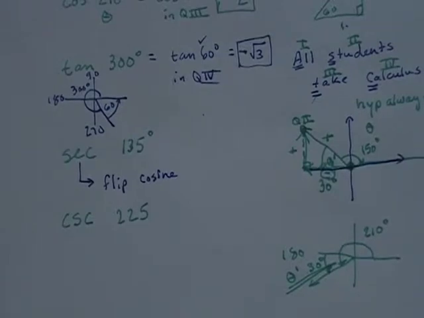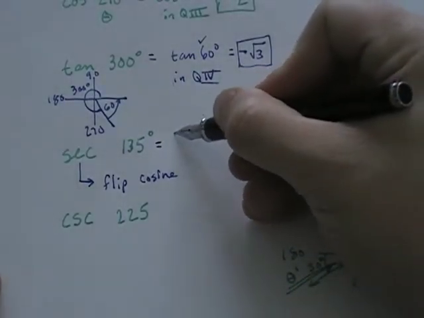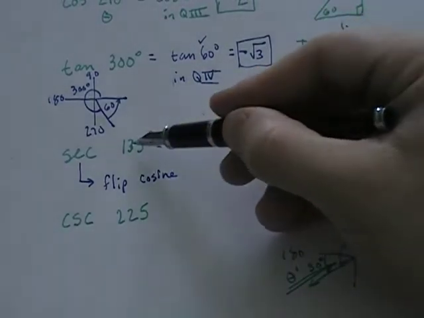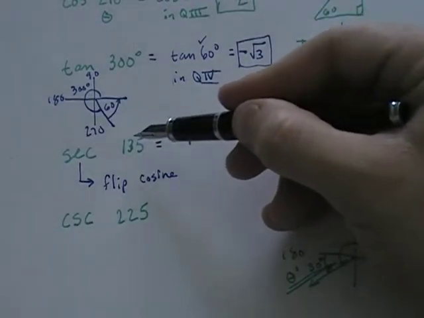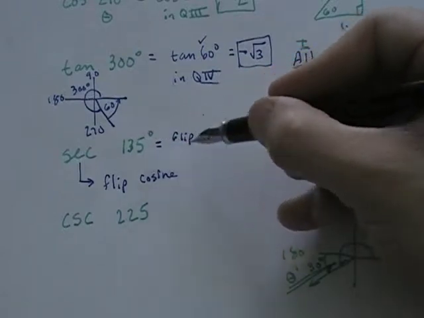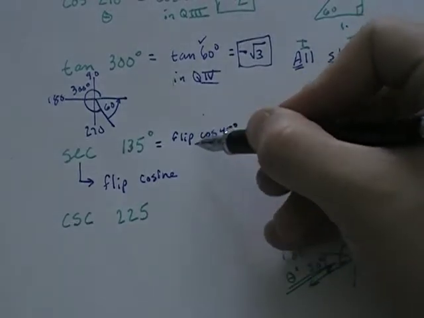Now what that means is if you can find a value for cosine and you flip it, that's the value for secant. Okay, so I like to say this is flip cosine. Now what's my reference angle? 135. Well, 135 is in quadrant 2 with a reference angle of 45 degrees.